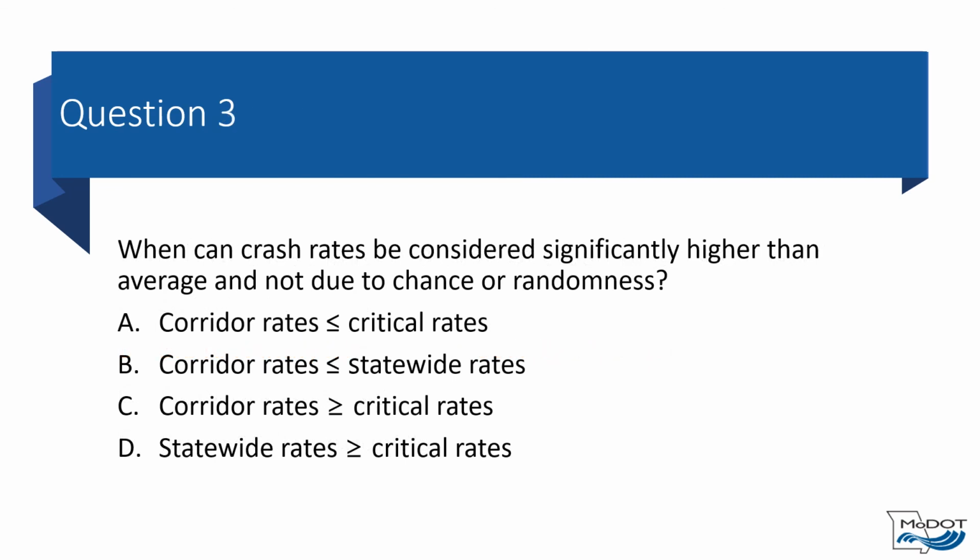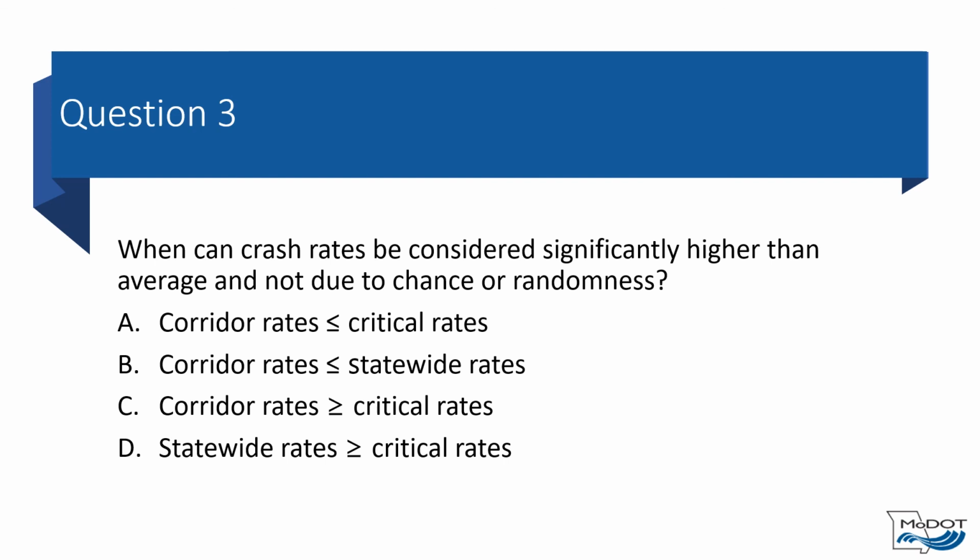Question 3. When can crash rates be considered significantly higher than the average and not due to chance or randomness? A. Corridor rates less than or equal to critical rates. B. Corridor rates less than or equal to statewide rates.